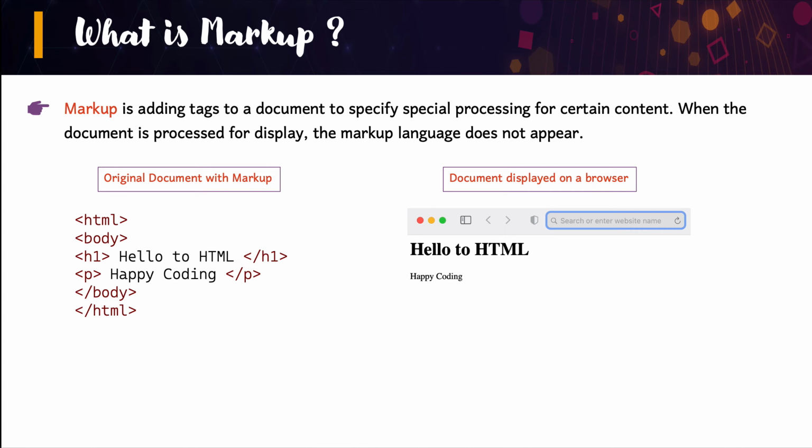Okay, so markup is nothing but a lot of tags, and these tags indicate how the browser should display the page to the actual end user, which is you and me. So it knows the tags, but it does not show the tags to the user, but it shows the processed HTML to the user. This is markup.